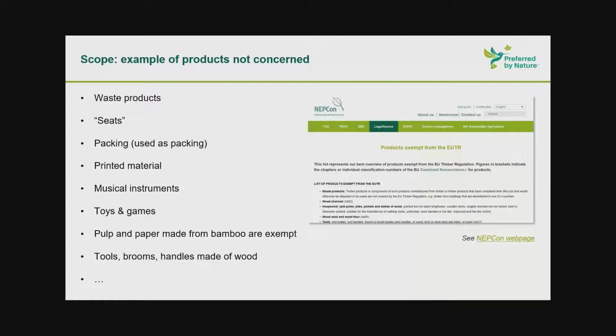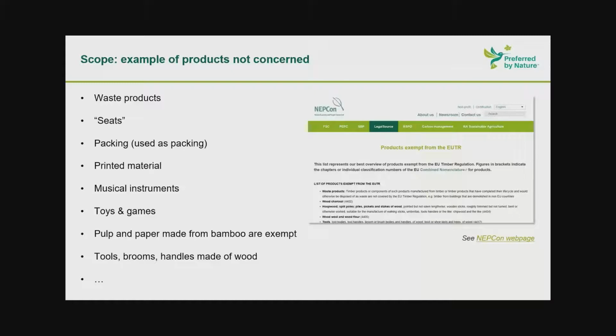Packaging material is a bit of a question mark as well, because if you, for example, buy disassembled furniture in a wooden box, the wooden box doesn't have to comply. But if you're buying crates or cardboard boxes to be used just as packing material, then they are included in scope.